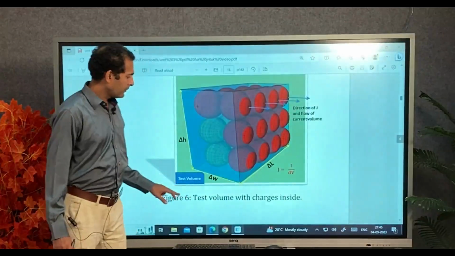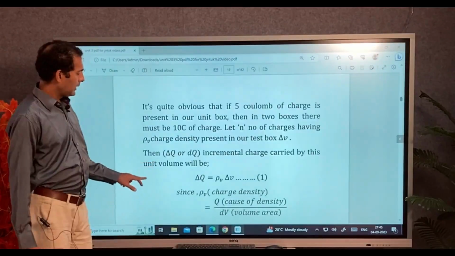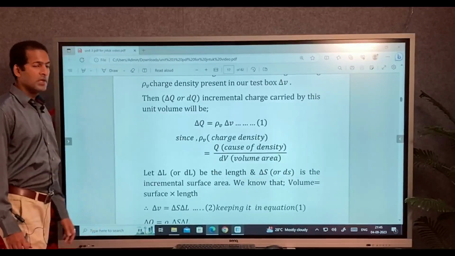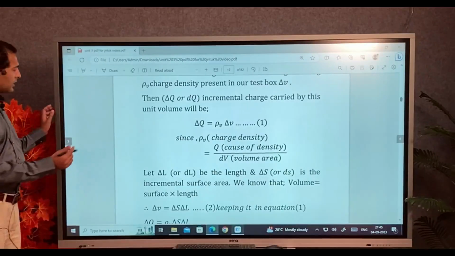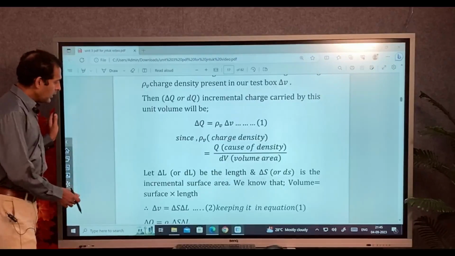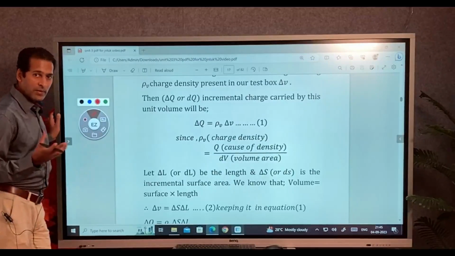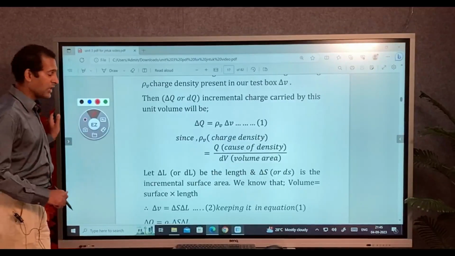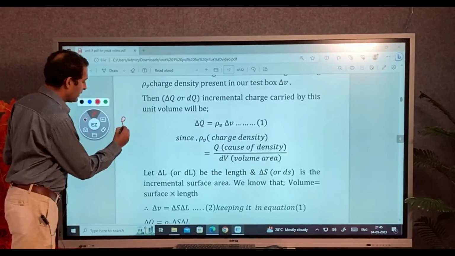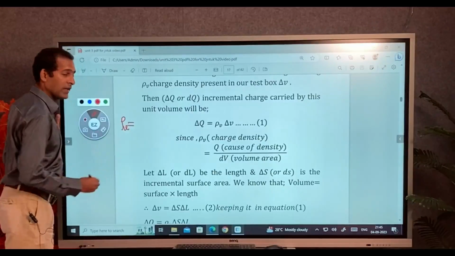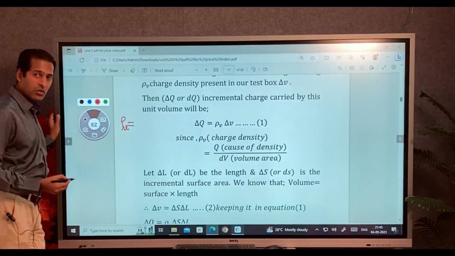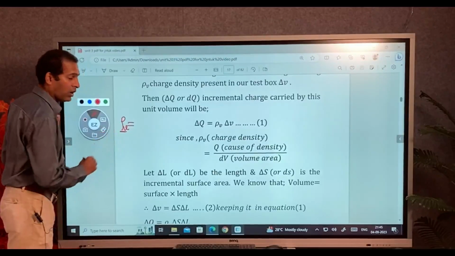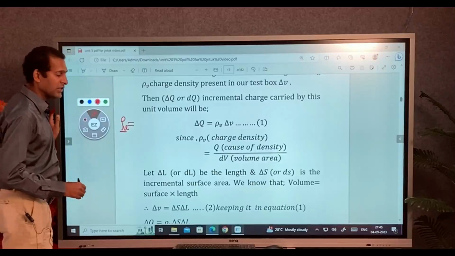Then let us move on. If we talk about the charge and say rho v, what is the sample charge giving us? The sample charge gives us the number of charges inside it, and that charge density is given by rho v. What is any density equal to? Any density is equal to charge per unit area or volume. So charge volume density is created by the charges themselves.